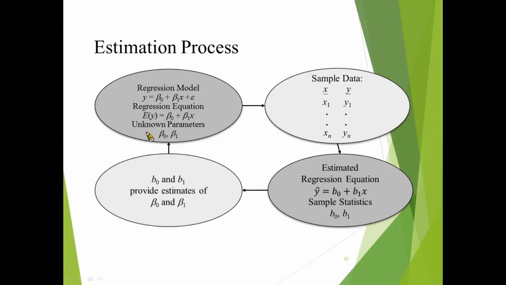The parameters beta 0 and beta 1 are unknown, so we collect sample data with one independent variable x and the dependent variable y. We collect several data points, put them into the regression equation, and find beta 0 and beta 1.